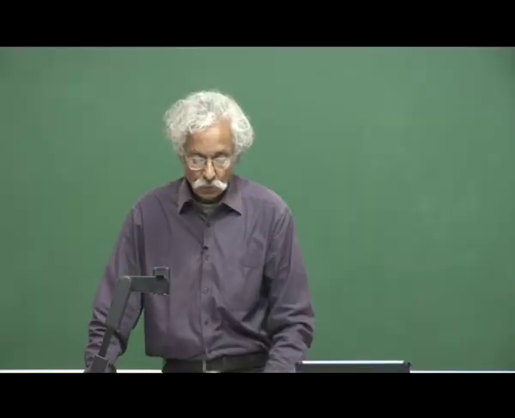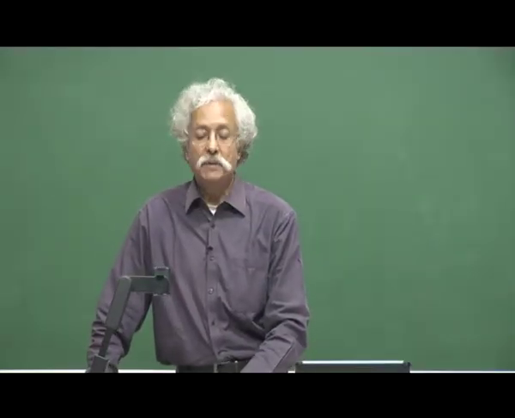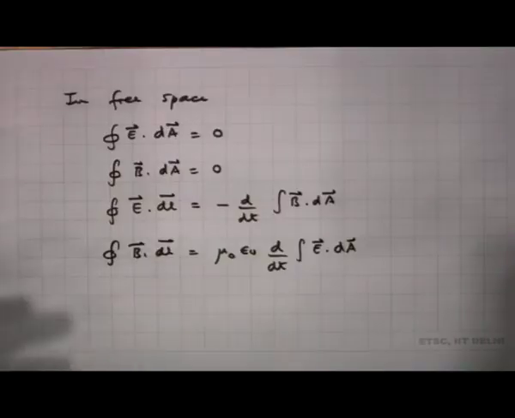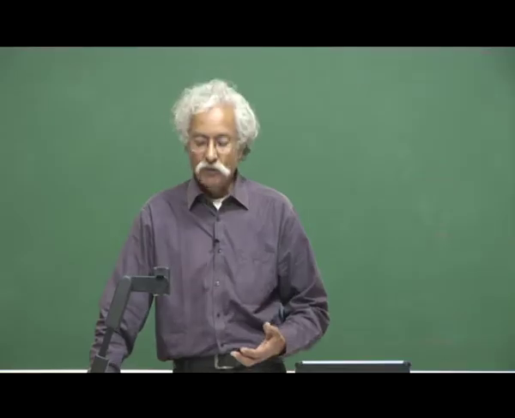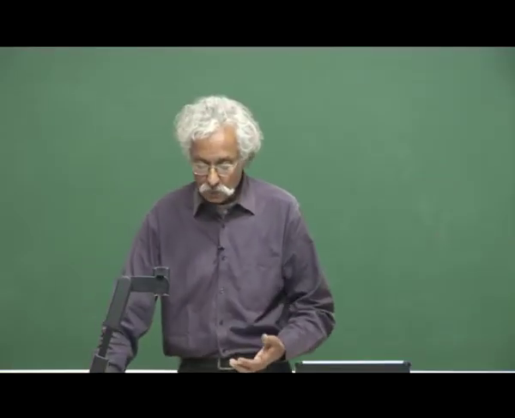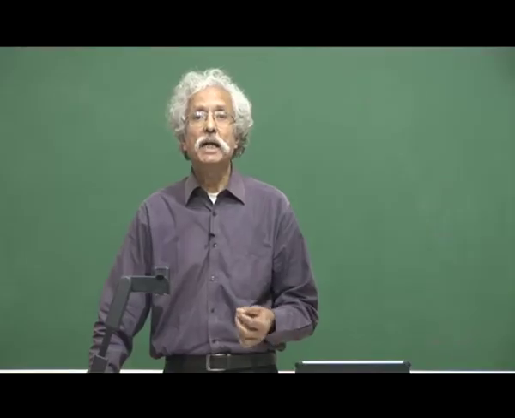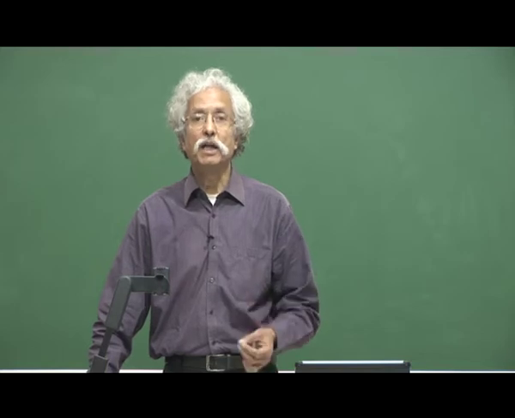Till that time, light waves were not considered to be electromagnetic, but he showed that from these equations you can predict the existence of waves called electromagnetic waves, and their velocity depends on epsilon 0 and mu 0, and that velocity comes out to be so close to the known value of the velocity of light that he propounded that light must be an electromagnetic wave.